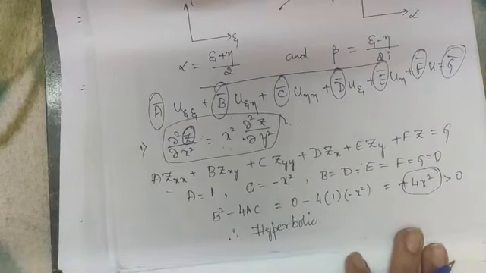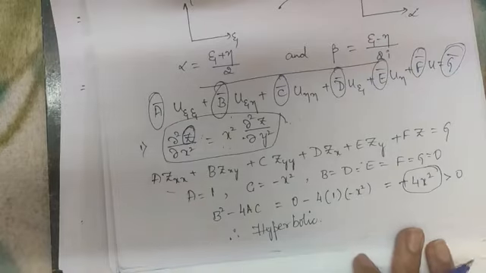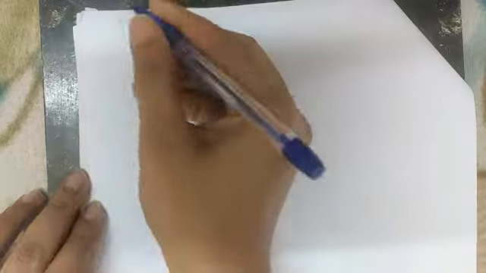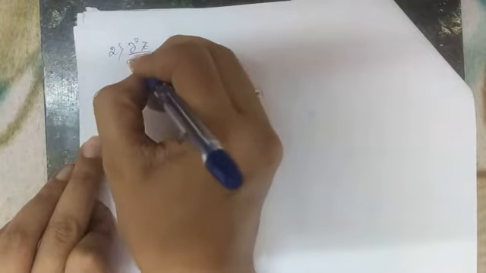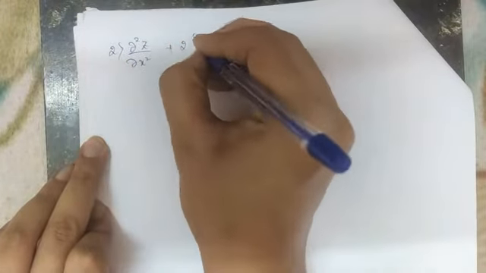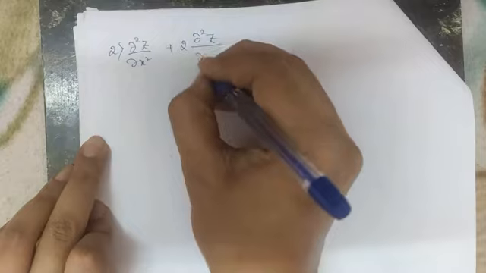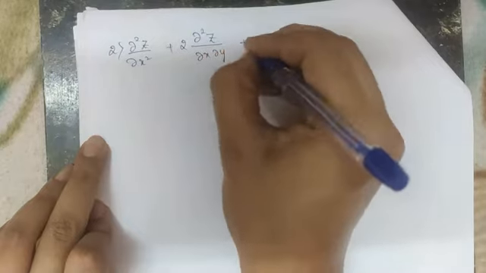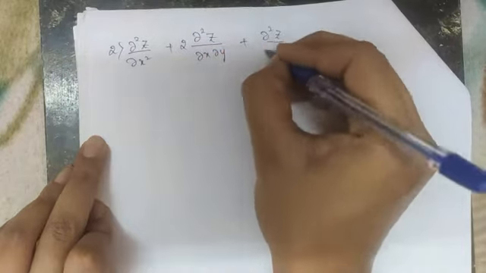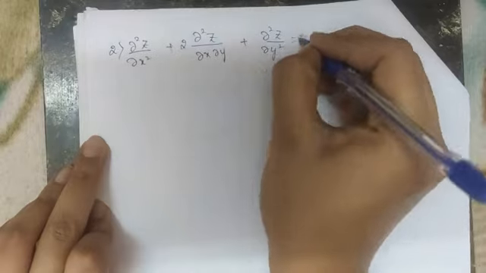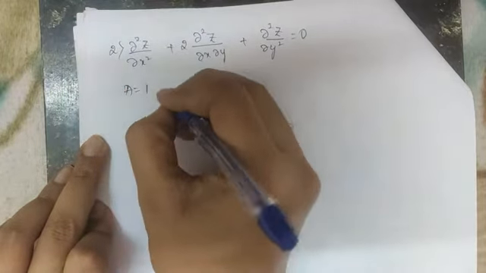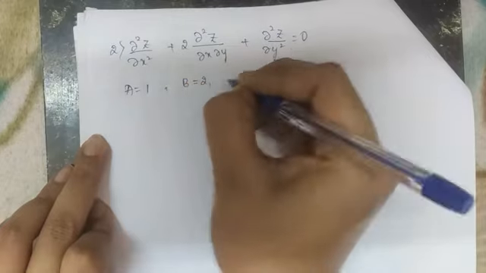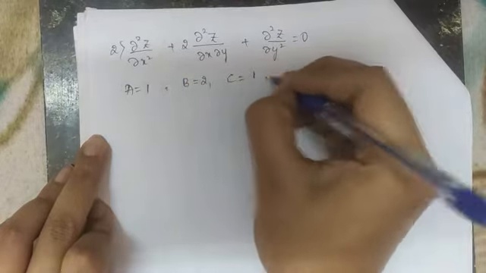Similarly, we have two more problems. The second one is dou square z by dou x square plus 2 times dou square z by dou x dou y plus dou square z by dou y square is equal to 0. Here the value of a is 1, b is 2 and c is 1.